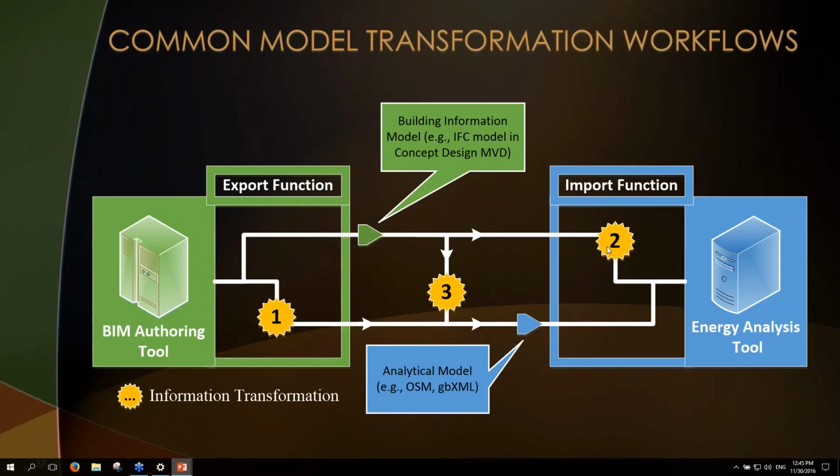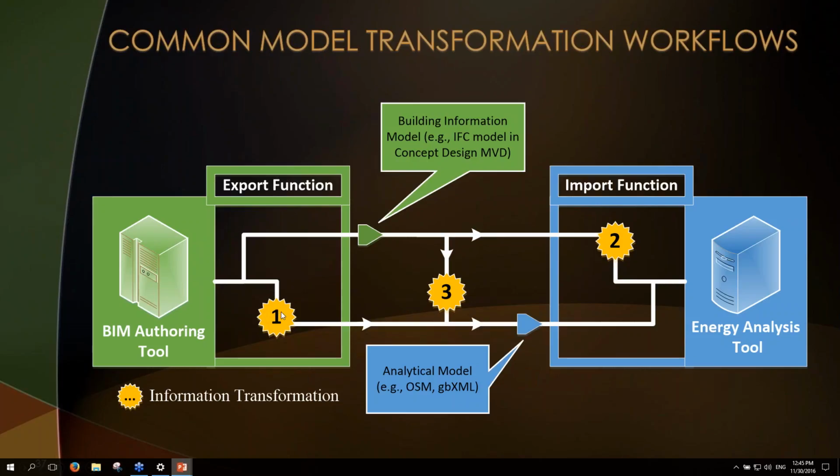These yellow icons are showing interpretation. So one way is relying on energy analysis tools for interpretation of an energy model from a building information model. The other approach could be doing interpretation inside BIM authoring tools.